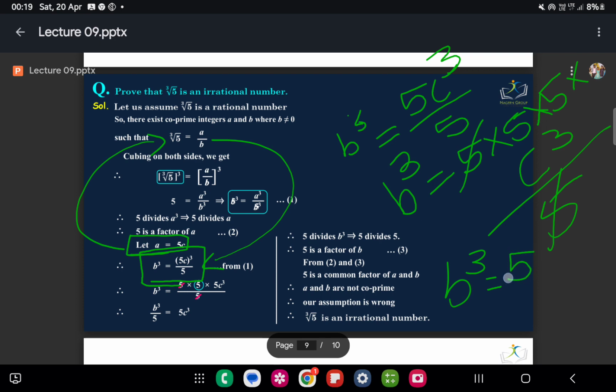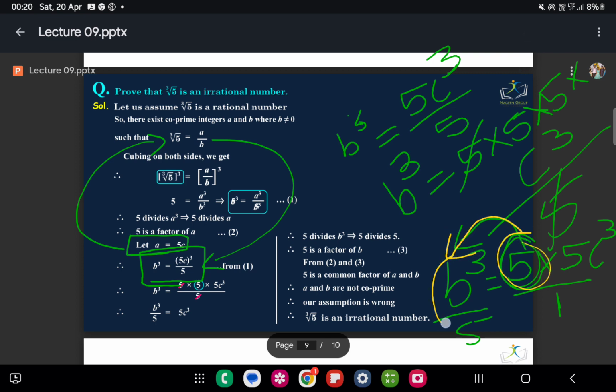We can take directly what is remaining: 25 c cube divided by 1. So shift one of the 5s to the left hand side, and we get b cube divided by 5 equals 5c cube.